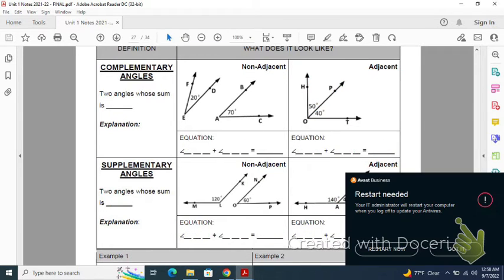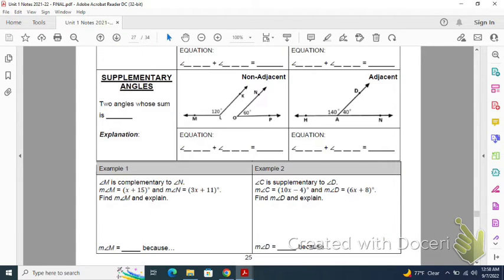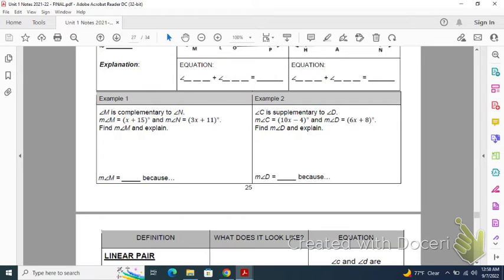Okay, we're going to see if we can do a couple examples. Let's go ahead and do example 1. It says angle M is complementary to angle N. The measure of angle M equals x plus 15. That's going to be my first angle I'm going to create.